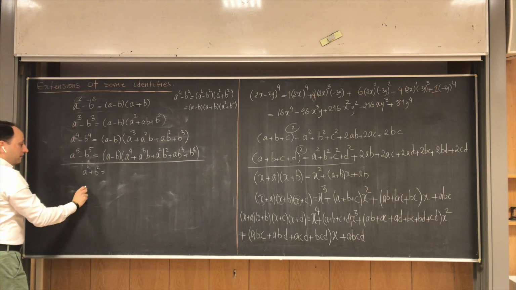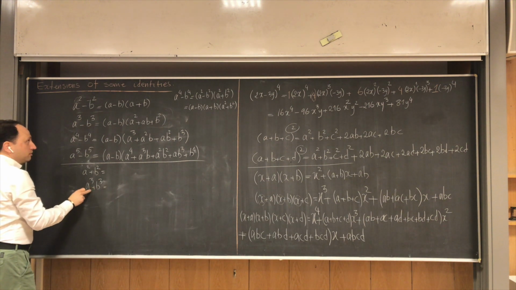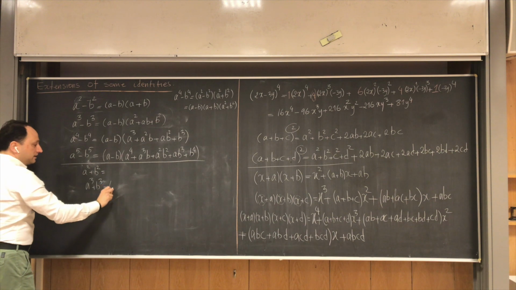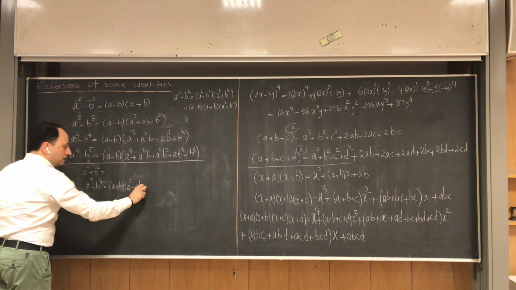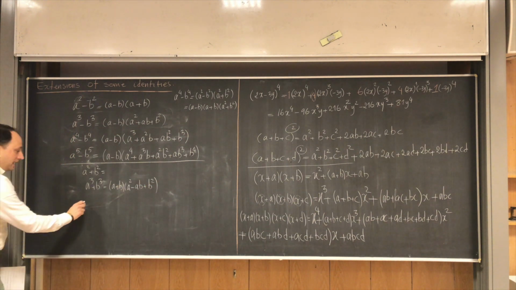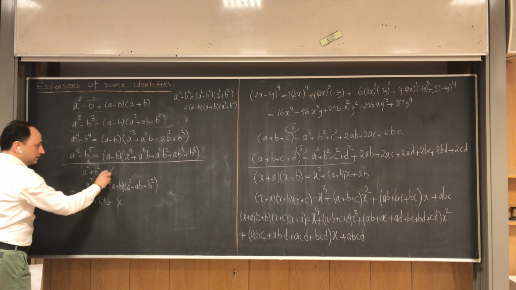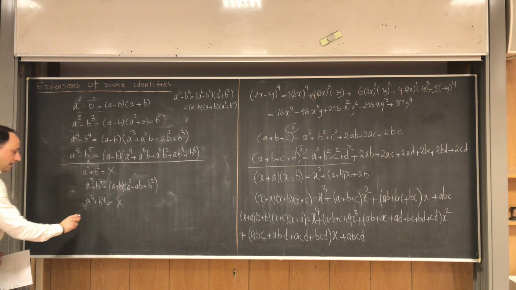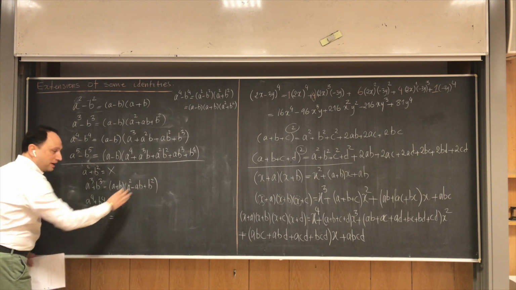But if I have a^3 plus b^3, then you remember from the previous lecture that it is a plus b, a squared minus ab plus b squared, yes? Now it turns out that a^4 plus b^4 doesn't work, okay? But again, a^5 plus b^5 will follow the same pattern.